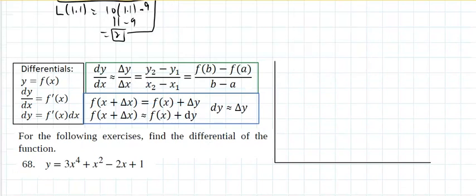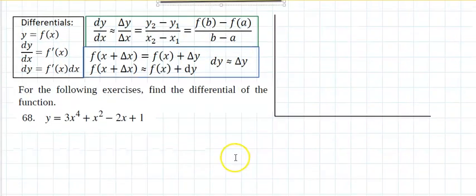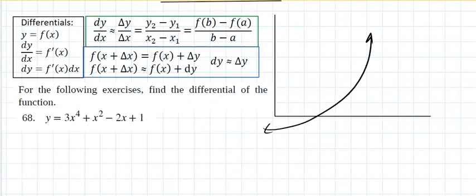Another idea we need to get out of the way, and this is differentials. Again, if I'm looking at a function, I'm after figuring out what that y value is.